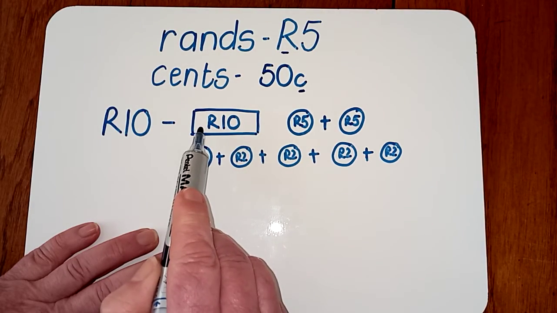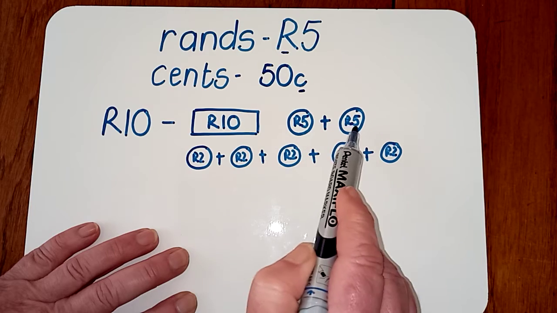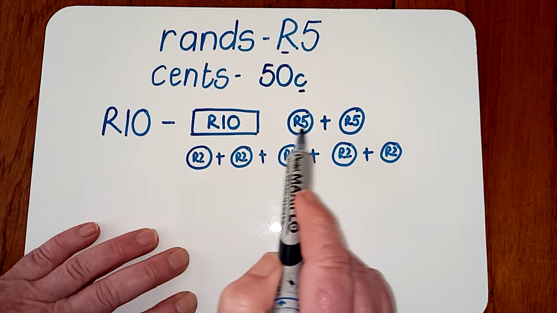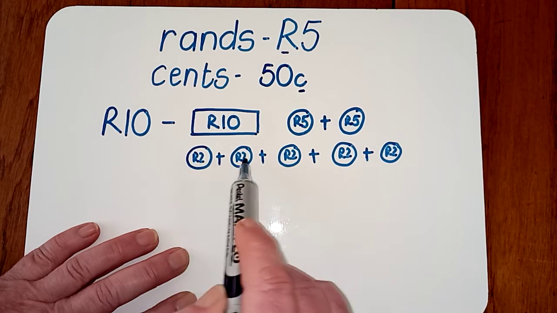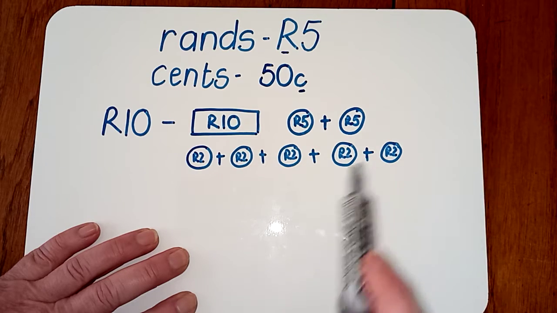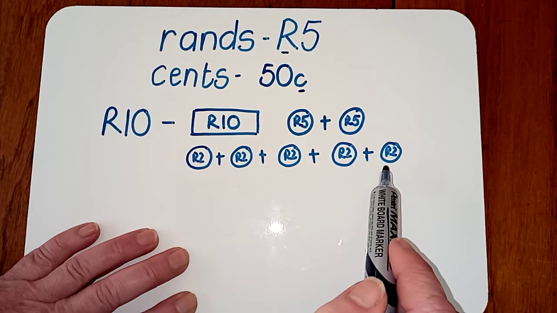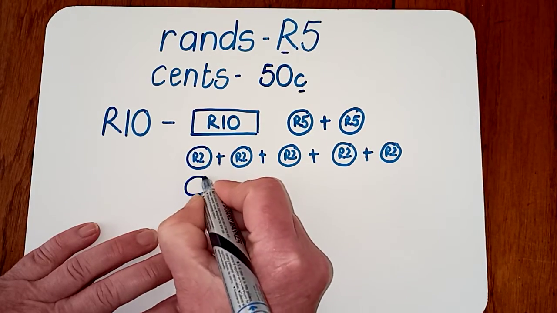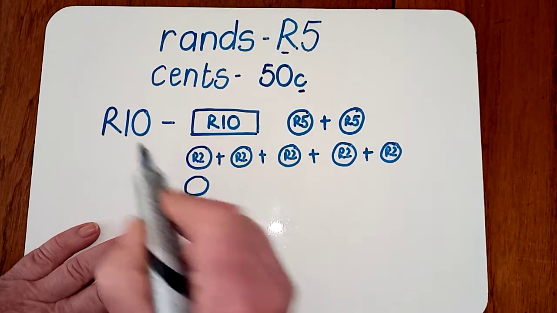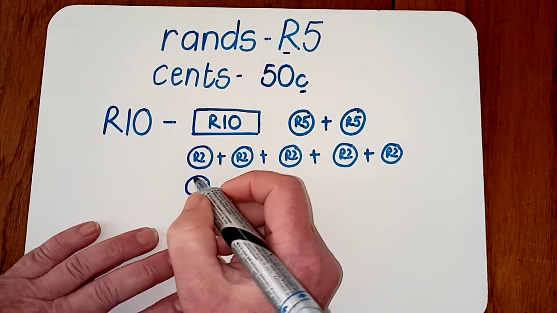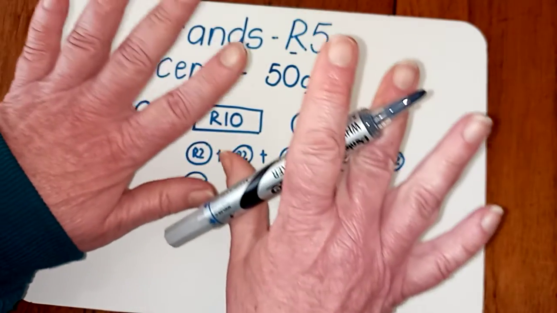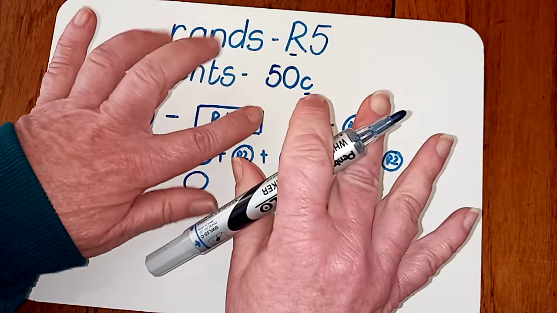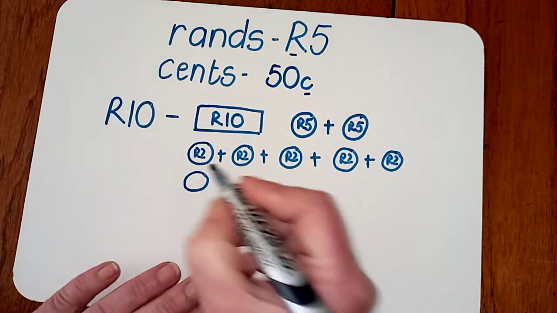So all of these equal 10 rand. A 10 rand note, 5 plus 5 coins is 10 rand. 2, 4, 6, 8, 10 rand, 5 twos. Or you can also have how many ones? How many 1 rands? If I've got 10 fingers, how many ones? Yes, 10.